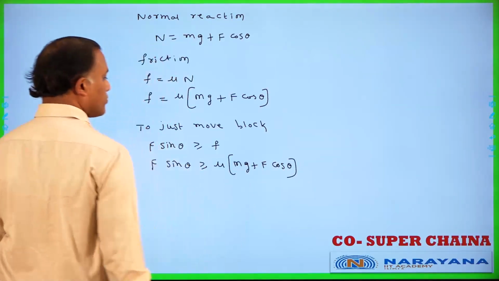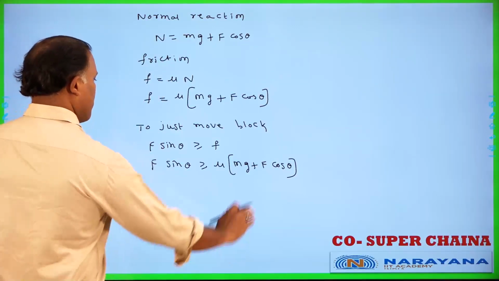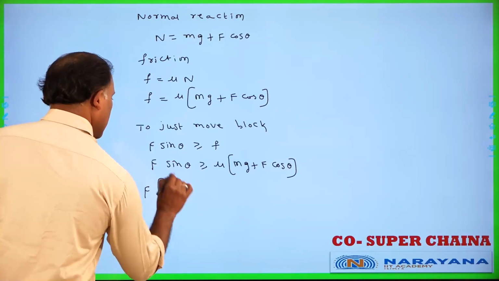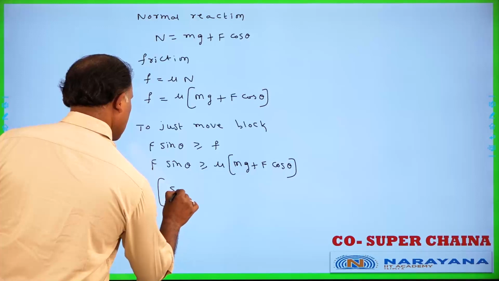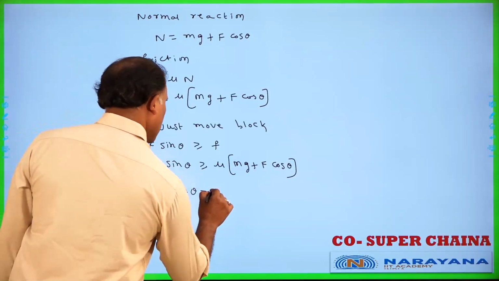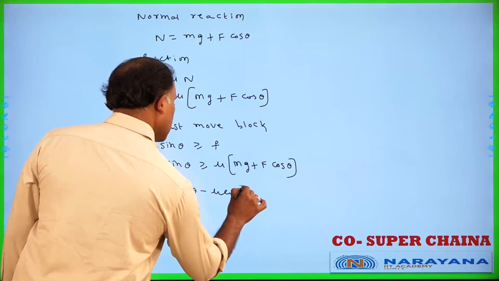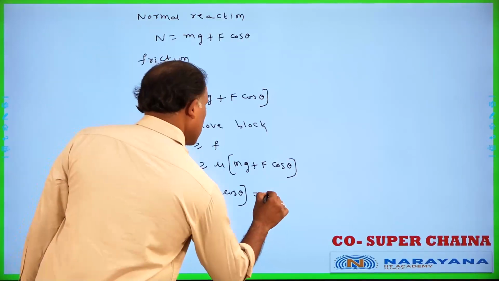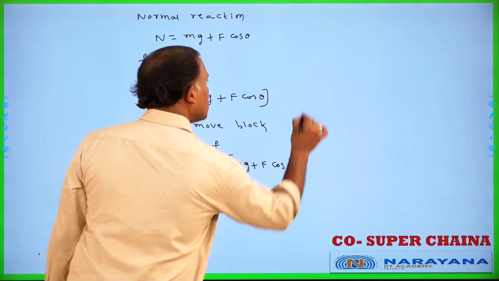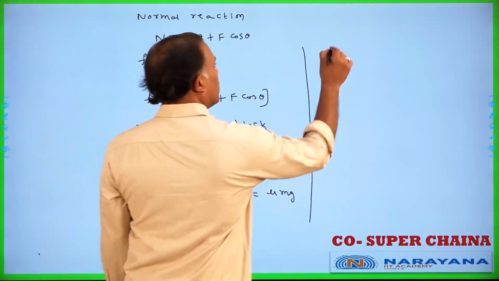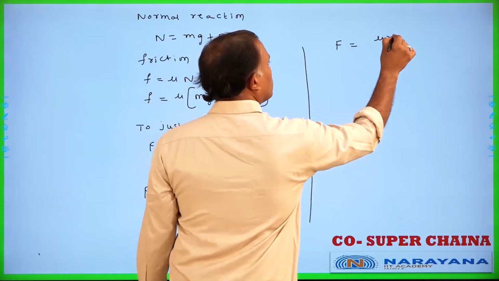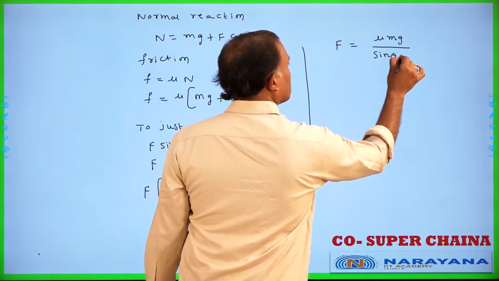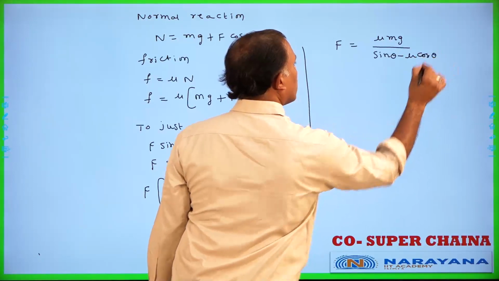Let us bring this thing to this side. Then f into (sin theta minus mu cos theta) is equal to mu mg. So f will be equal to mu mg by (sin theta minus mu cos theta).